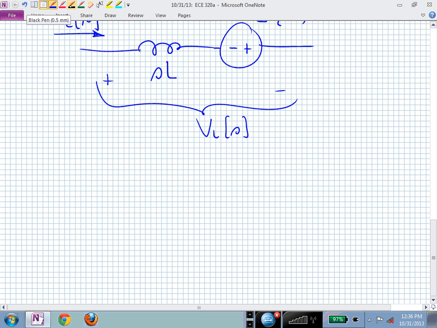We can now look at the S-domain parallel circuit for the inductor.